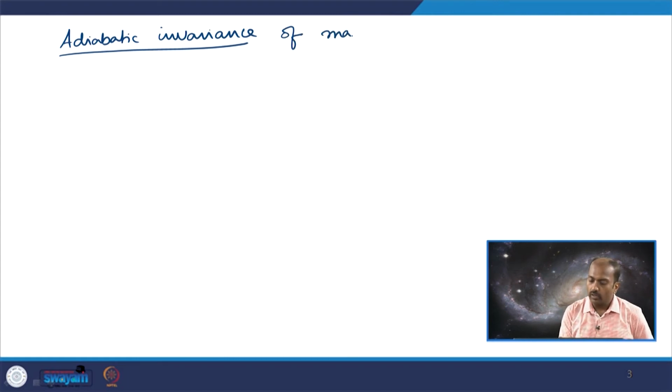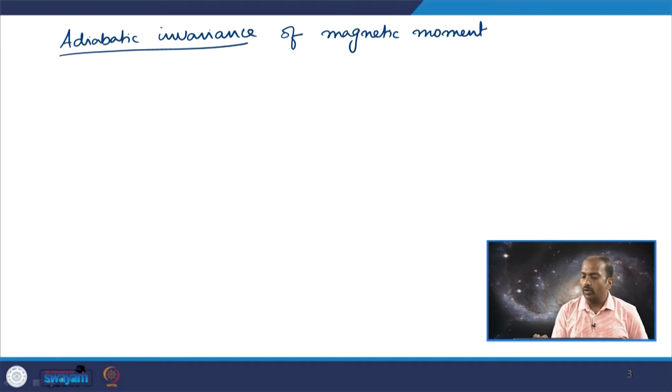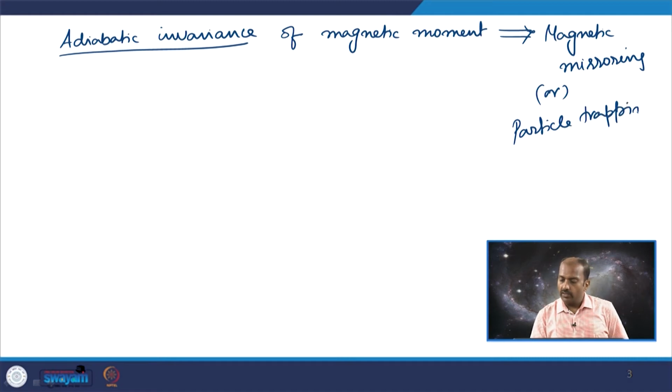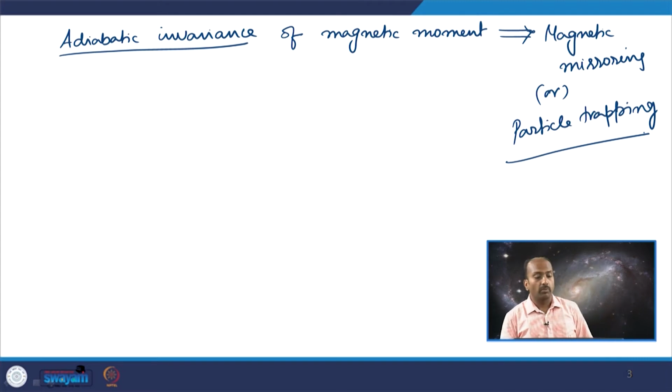So essentially, the adiabatic invariance of the magnetic moment is what leads to magnetic mirroring or particle trapping. Now, why are we discussing magnetic mirroring or magnetic particle trapping in atmospheric or space physics?